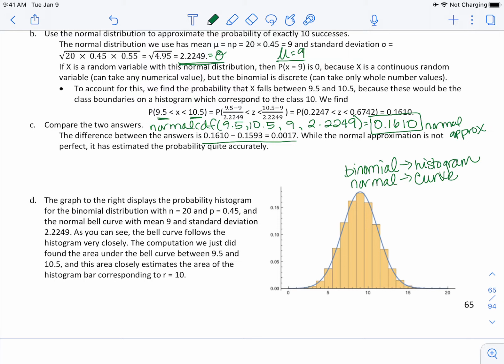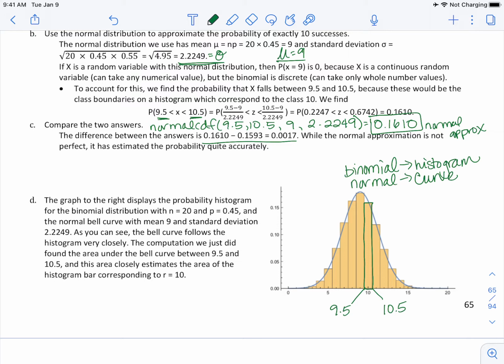So if we see here, we see 10, so right here, this is 9.5. Right here, this is 10.5. So we're specifically looking at this bar of the histogram, okay?